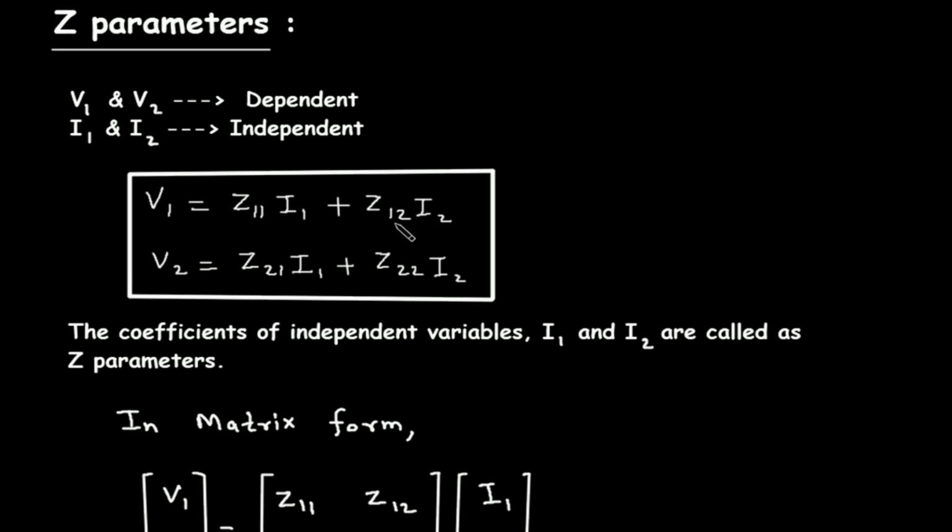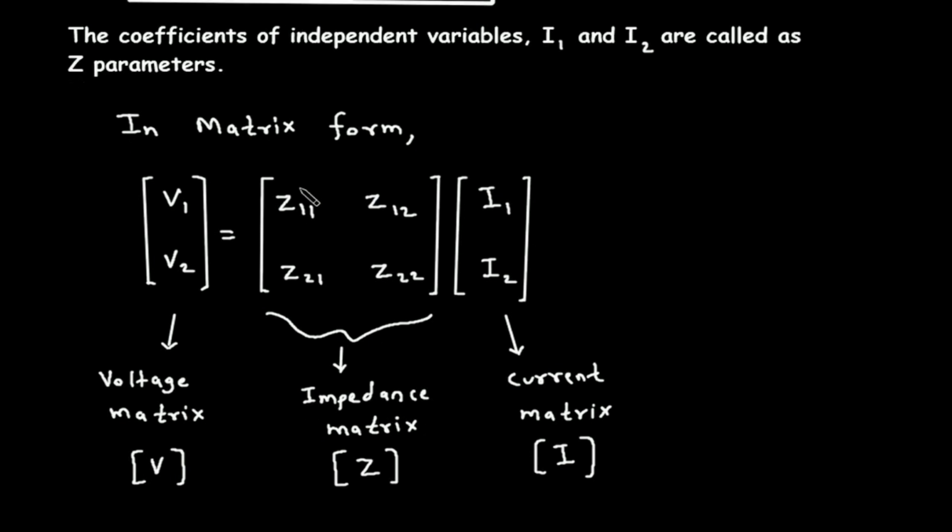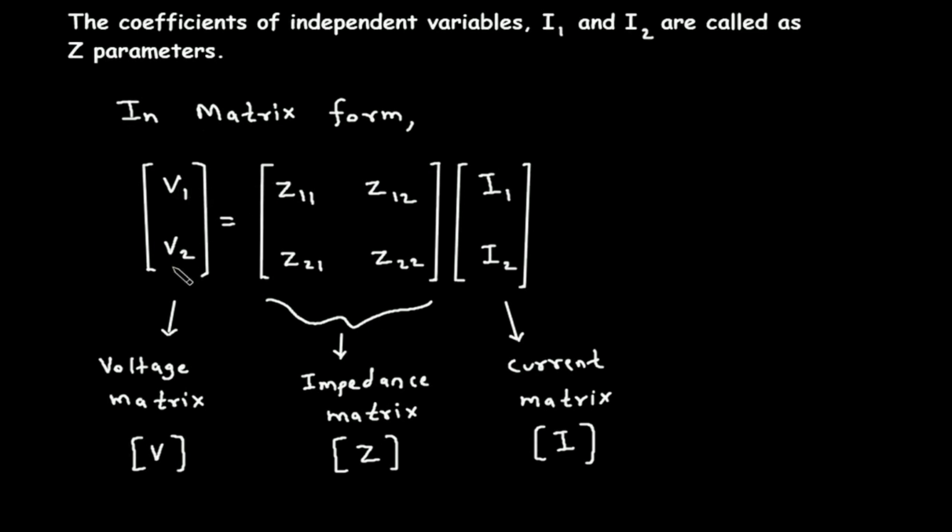So Z11, Z12, Z21 and Z22 are called Z parameters. In matrix form, this will be V1, V2, Z11, Z12, Z21, Z22 and I1, I2.